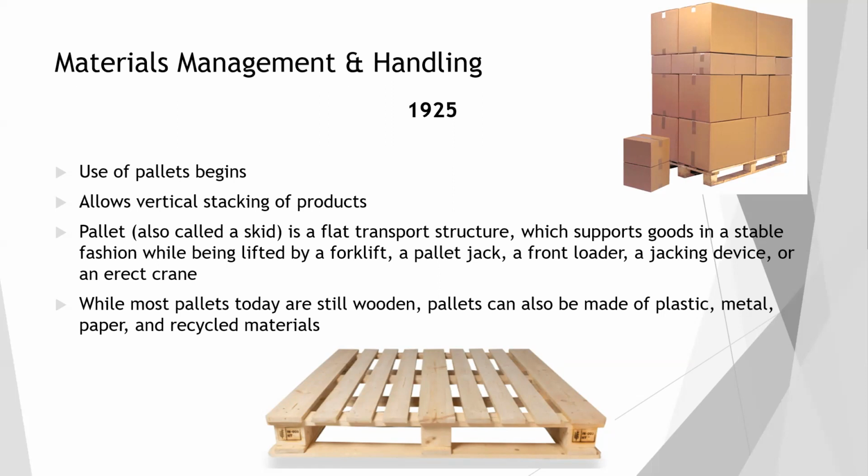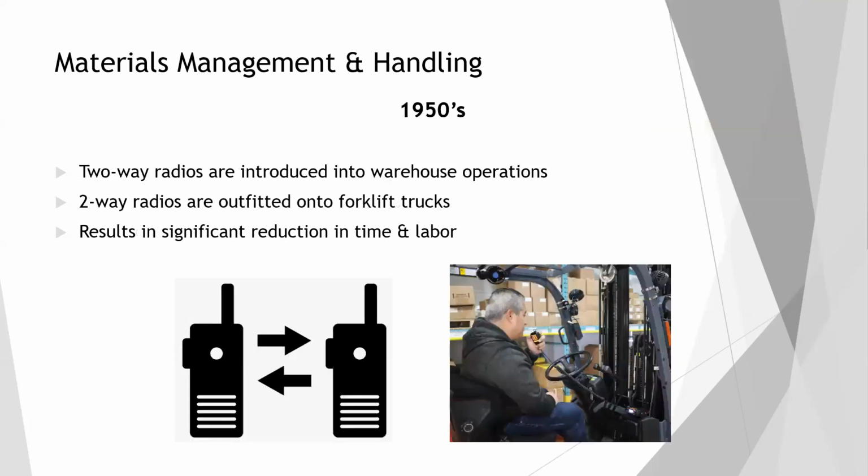So this was 1925. In the 1950s, two-way radios are introduced into warehouse operations. And what happened with these two-way radios is they were outfitted onto forklift trucks so that the forklift driver and whoever was in charge of controlling his movements, telling him where to go through the warehouse, what products to pick up or drop off, were able to communicate with each other.